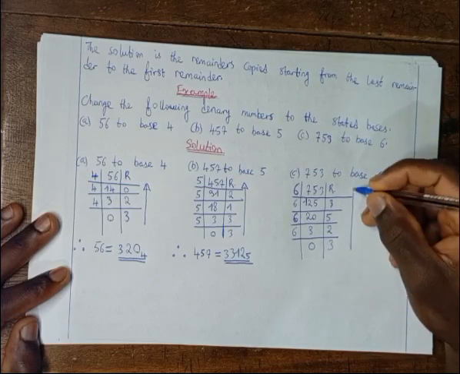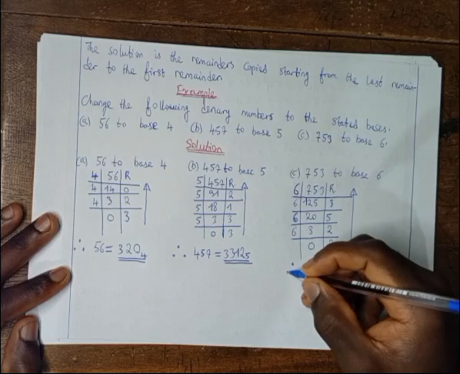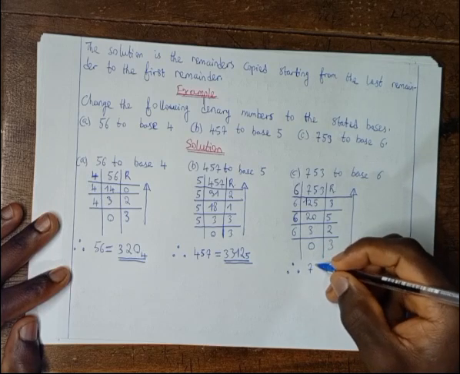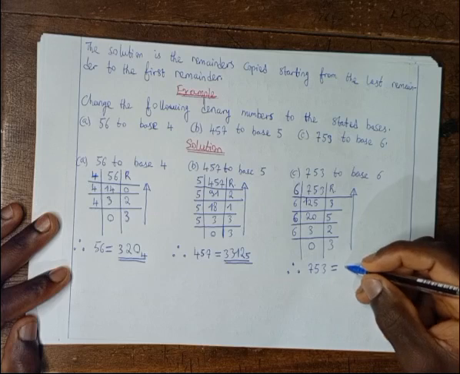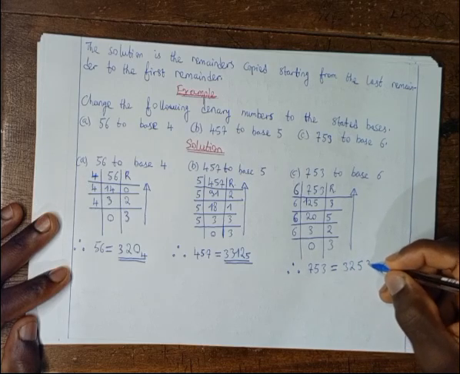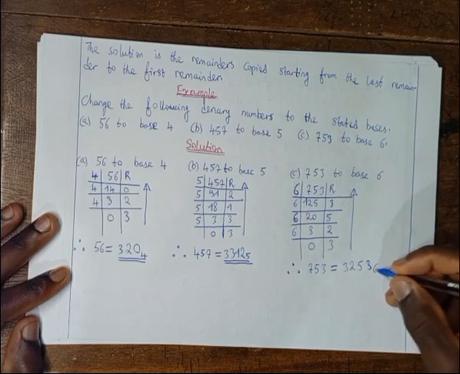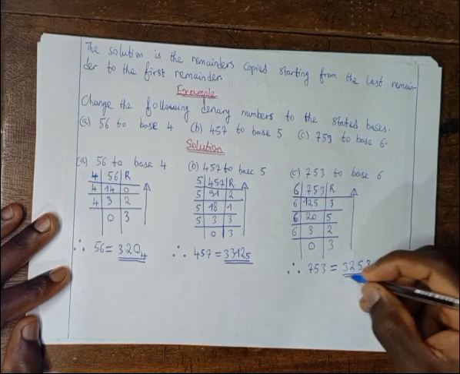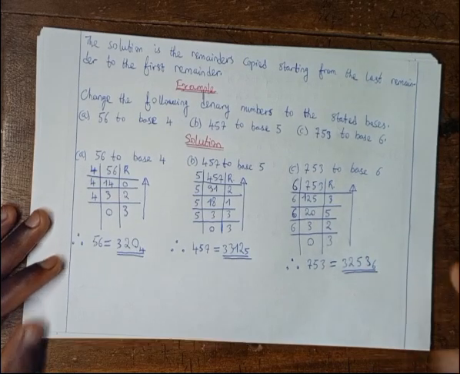We copy from bottom to top. Therefore, the number 753 in base 6 is simply equal to 3, 2, 5, 3. We must specify the base. Base is 6. That's why subscript 6 has been written beside.